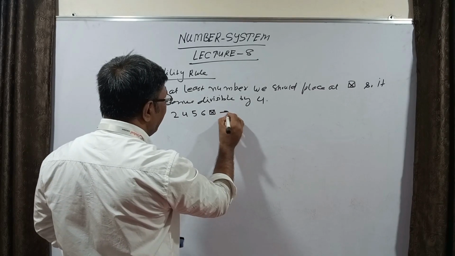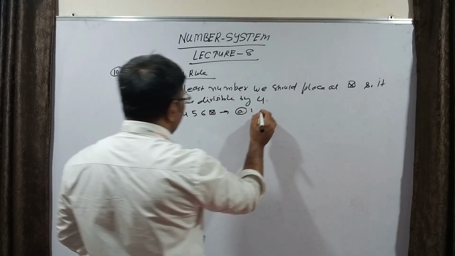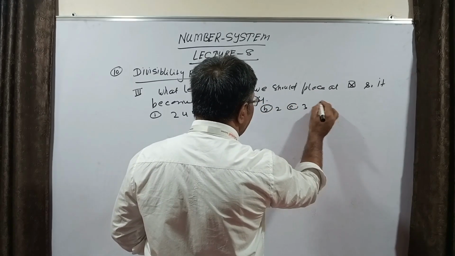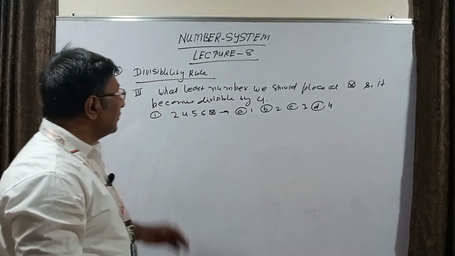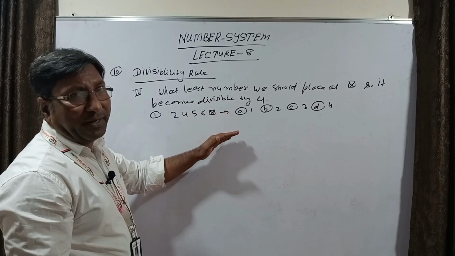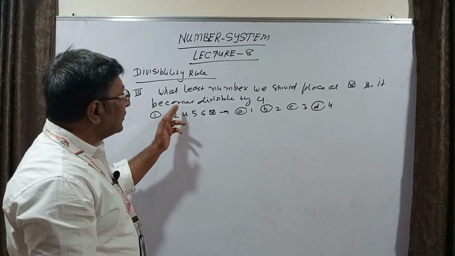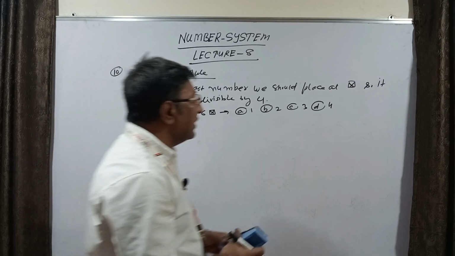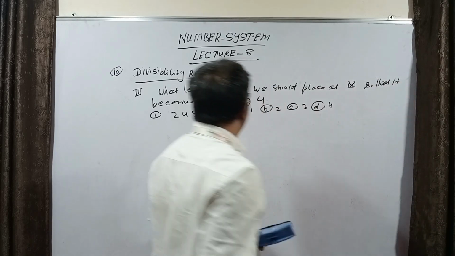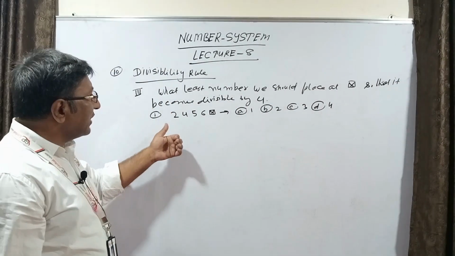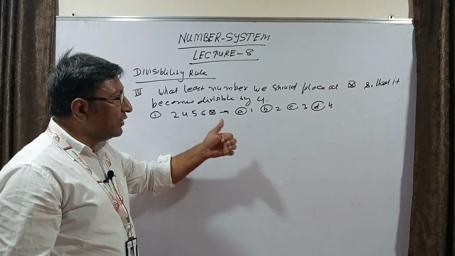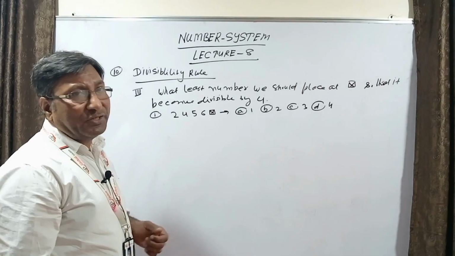Here option A is given 1, B option 2, C option 3, and D option 4. So my question is, what least number should we place at the star place so that it becomes divisible by 4? So the first example is 2, 4, 5, 6 and a star, and the options are 1, 2, 3, 4.